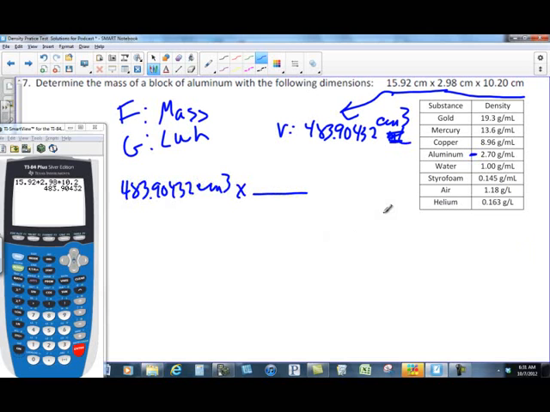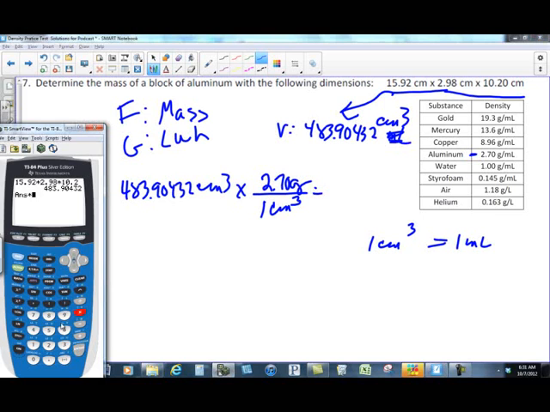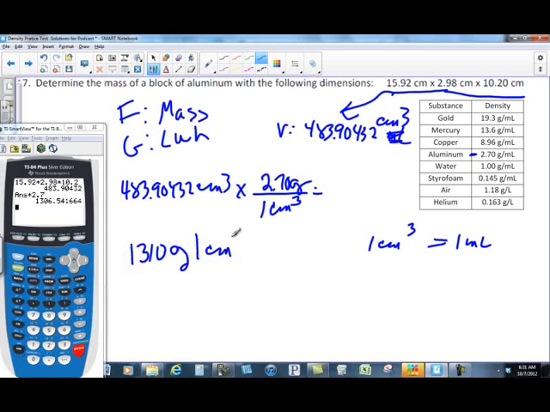We know 1 centimeter cubed is equal to 1 milliliter, so 1 centimeter cubed contains 2.70 grams. If I multiply this number that's already in my calculator by 2.7, I get that number. I've got 4, 3, 4, so I need 3 sig figs. It's going to be 1310 grams.